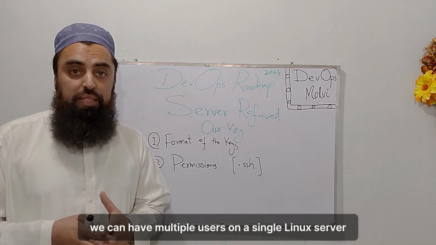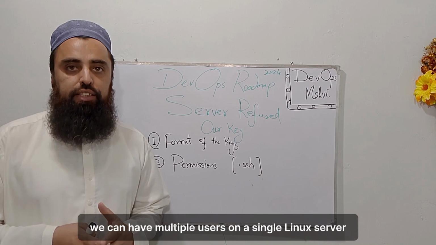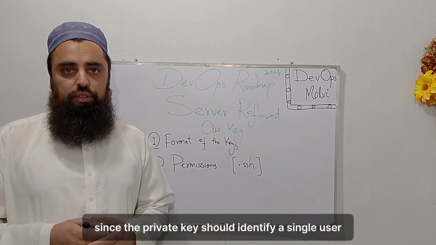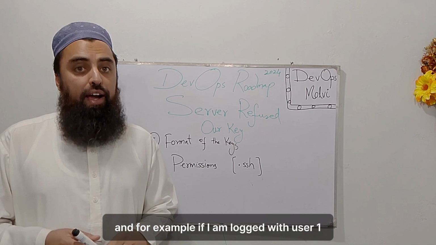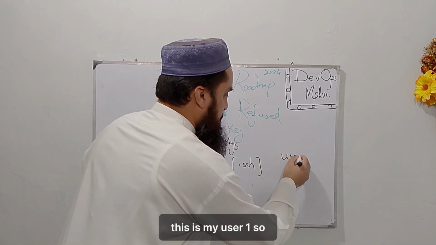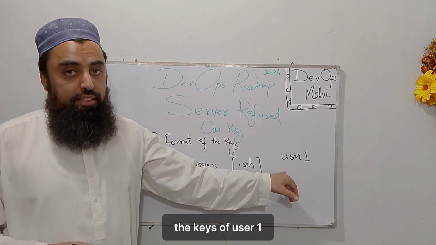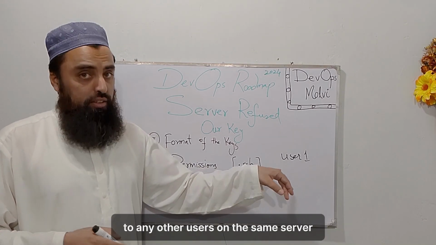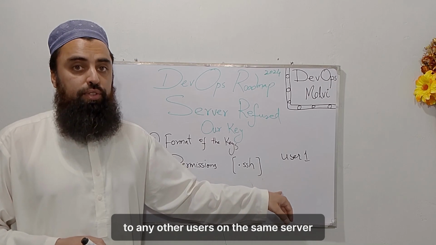We can have multiple users on a single Linux server. And since the private key should identify a single user, for example, if I am logged in as user 1, this is my user 1. So the keys of user 1 should not be accessible to any other users on the same server.